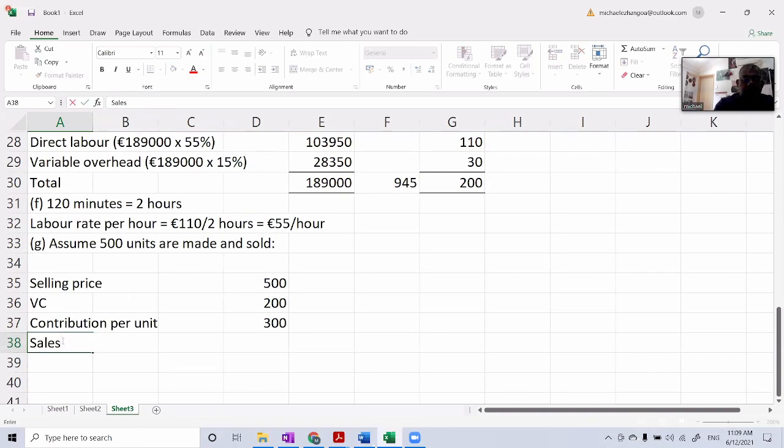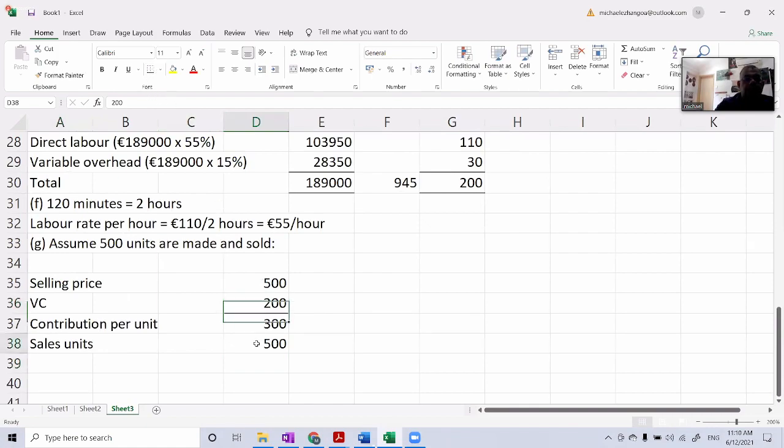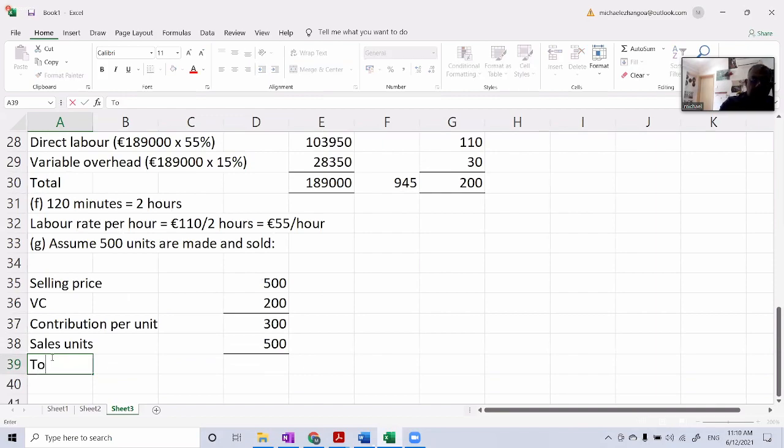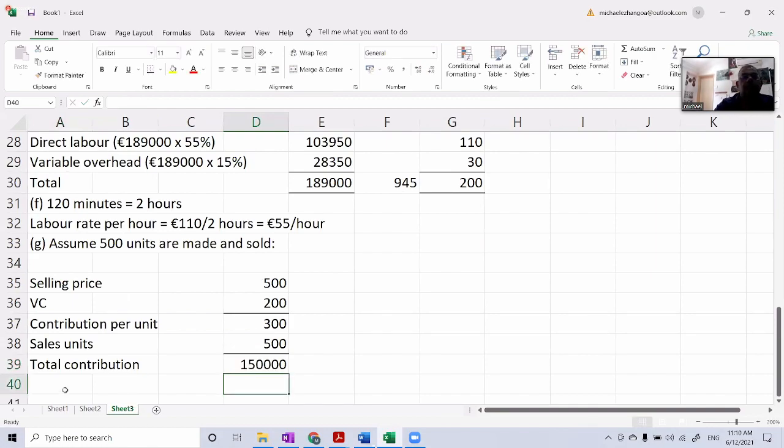Sales units, 500. Total contribution, 300 times 500, 150,000.